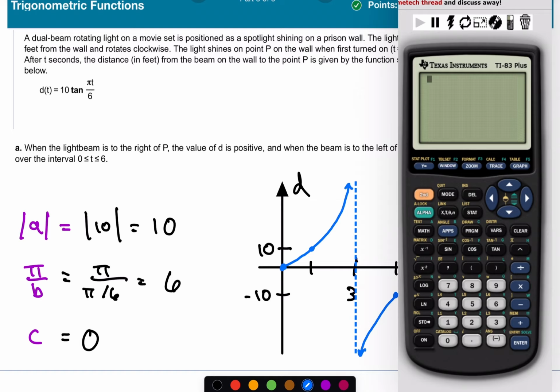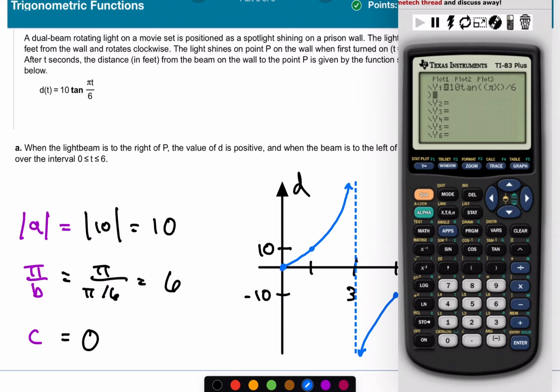I'm going to go to my y equals. It's already in radians, so we'll go 10 times the tan of, I'll do an open parentheses, pi x over 6. Close off the trig function.